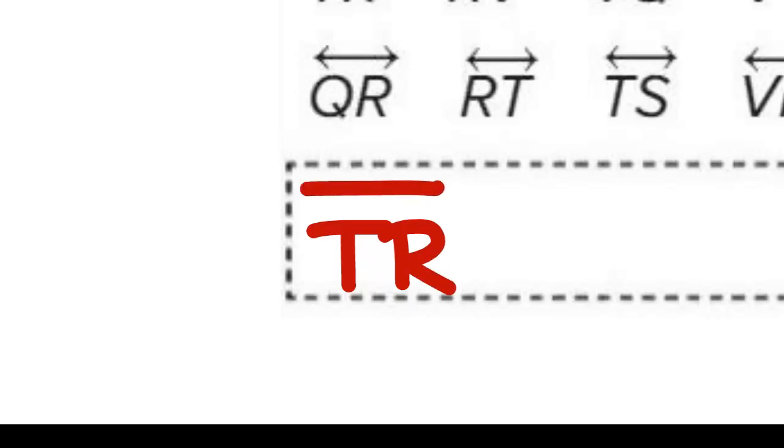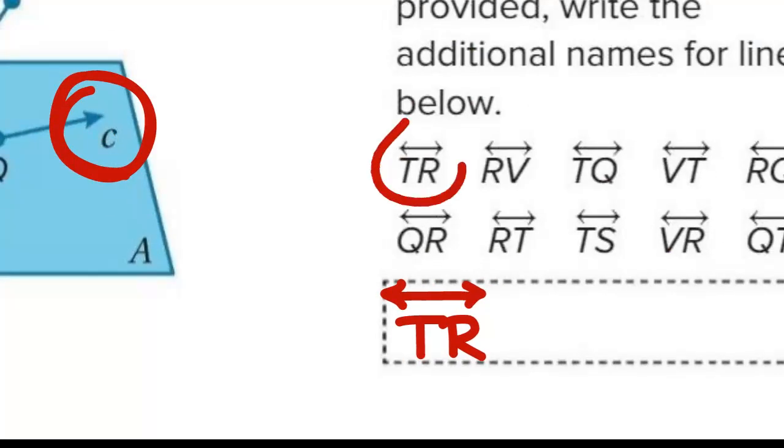So one possible name that I could give to this line would be line TR. Because I could take my straight edge, I could draw a straight line through T and R, and it's also going to hit point Q over there. So there's one possible name for the line. When we were talking about this on the previous screen, I said the order of the letters does not matter. So instead of calling it TR, I could also call it what?